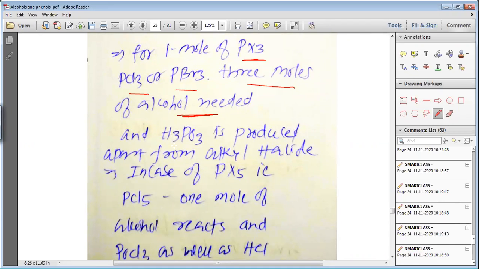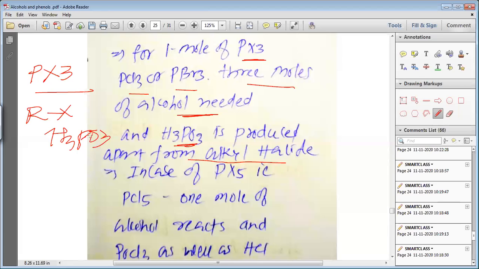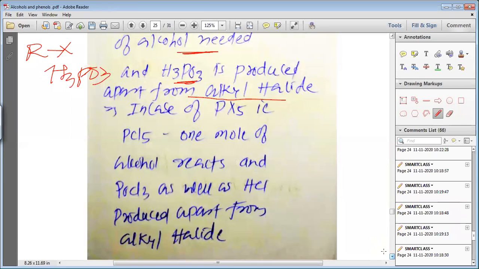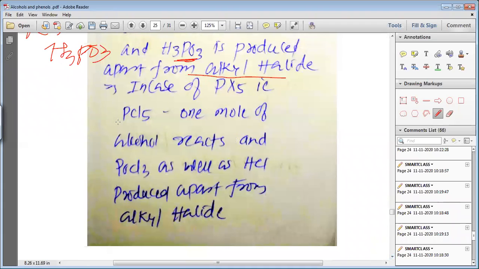Apart from the alkyl halide, in the case of PX3 we get RX and H3PO3. In the same way, in the case of PCl5, 1 mole of alcohol reacts with PCl5, and POCl3 as well as HCl are produced.